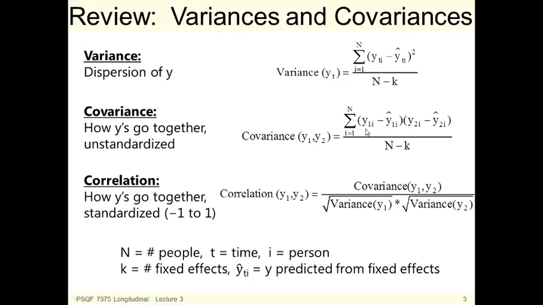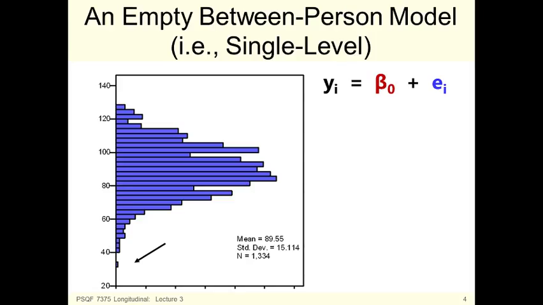It makes it harder to know intuitively what the size of a covariance means. Like if I told you my covariance was 12, you'd be like, is that a lot? I don't know, because it depends on the scale of the variable. But if you know the variance and the covariance, you can figure out what the implied correlation is, which is then a measure of effect size. So are we good with this? Yes, great.